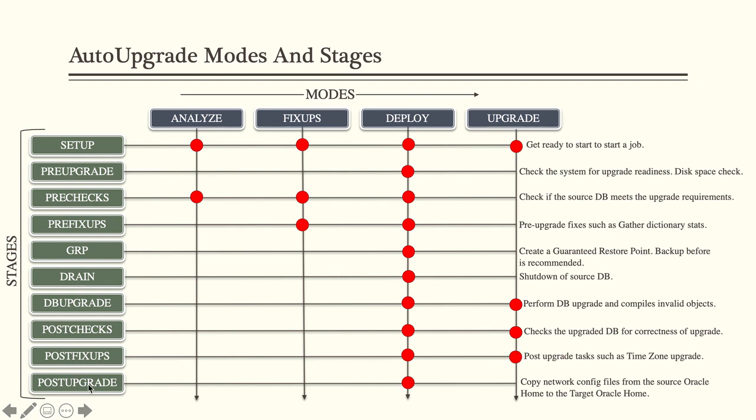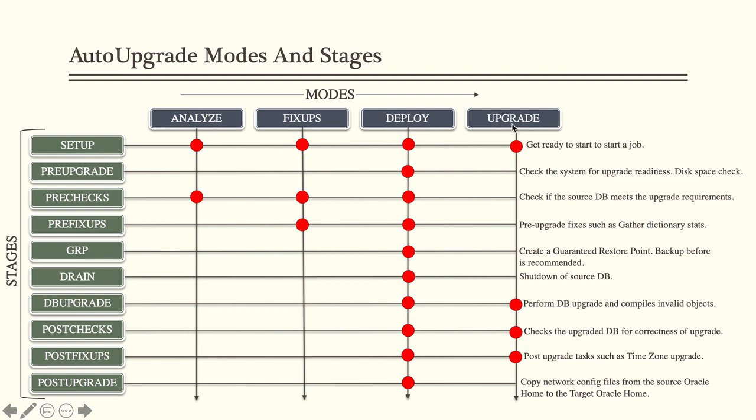What it cannot do is copy the Oracle home config files from the network admin folder, tnsnames, sqlnet or listener.ora, because you are running it in upgrade mode. The assumption is you would run upgrade mode only when the source Oracle home is not on the same machine where your target Oracle home is. So these are the different modes of upgrades and the different stages that it goes through.